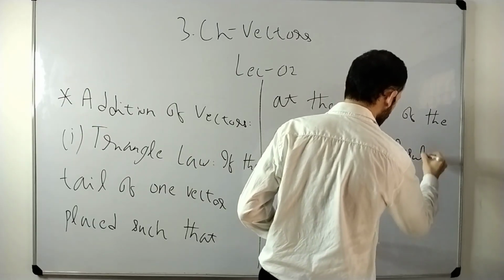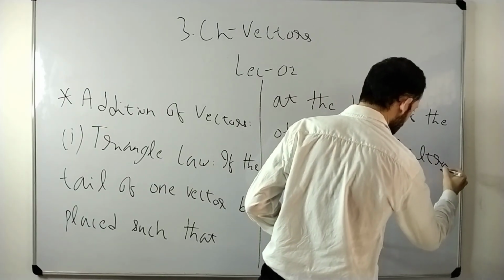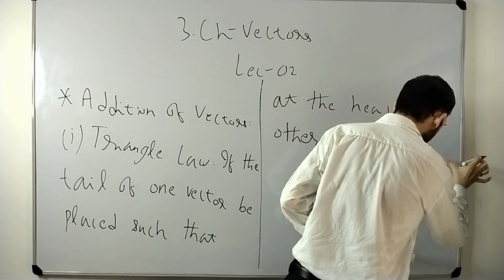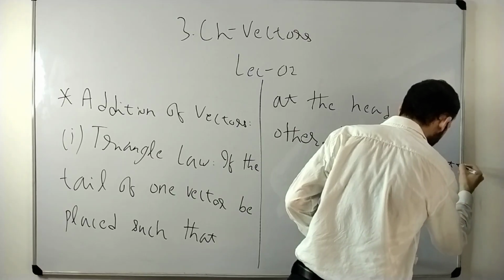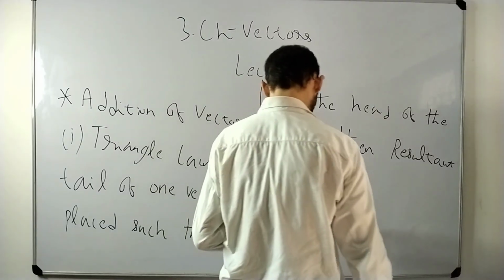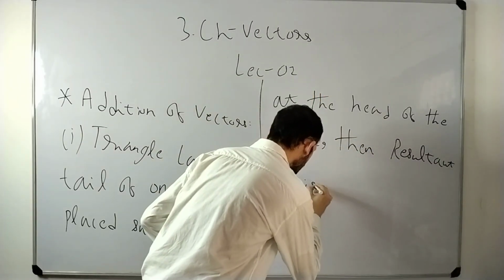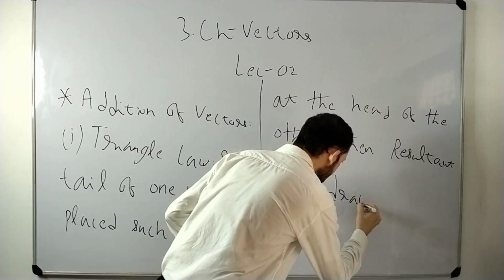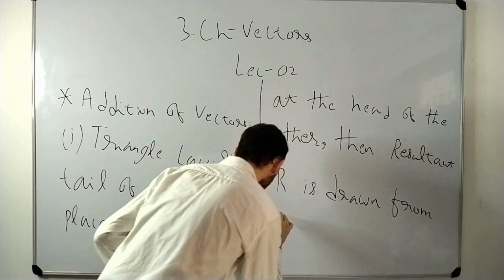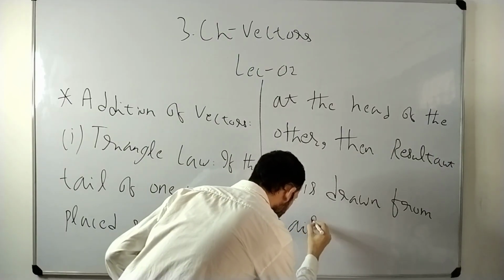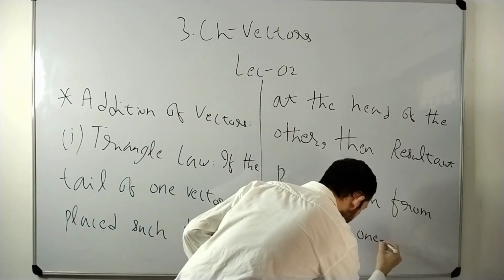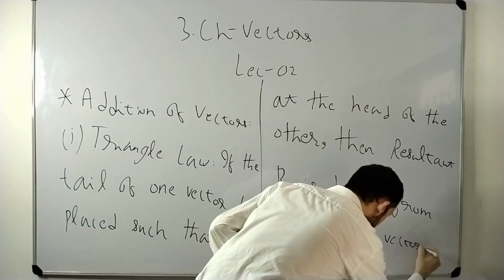Resultant R is drawn from tail to what, students? From tail of one vector to the head of the other vector.